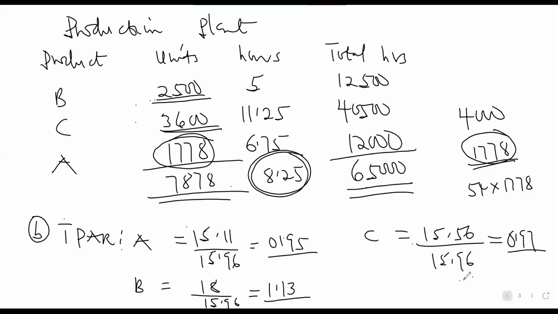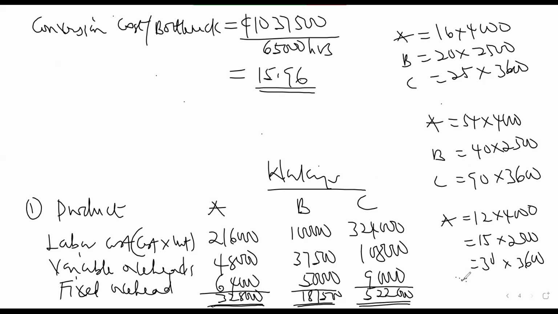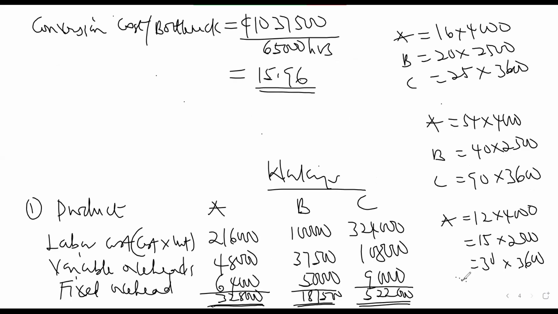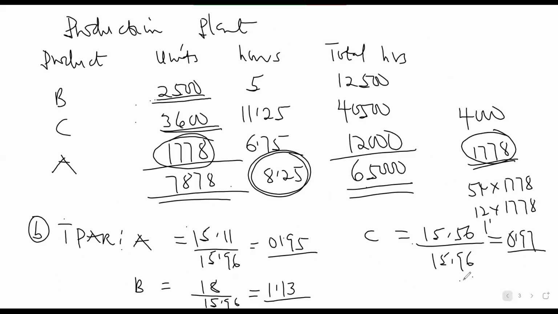The variable overhead, which is 12, will be multiplied by 1,778. The fixed overhead, which is 16, will be multiplied by what we are producing, which is 1,778. So you will not use 4,000 again because you are not producing all the 4,000.